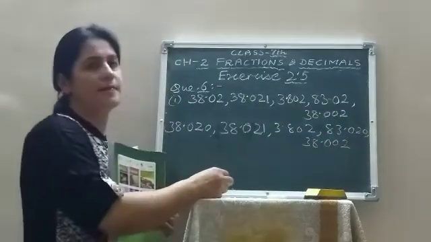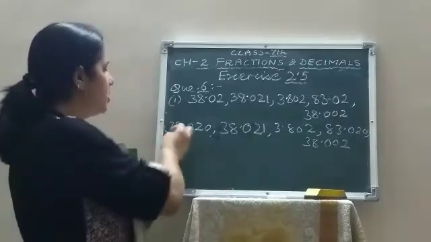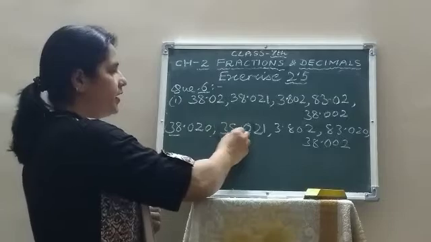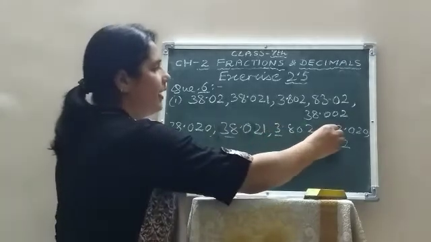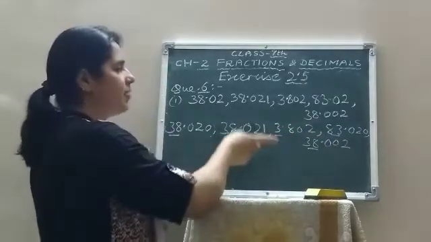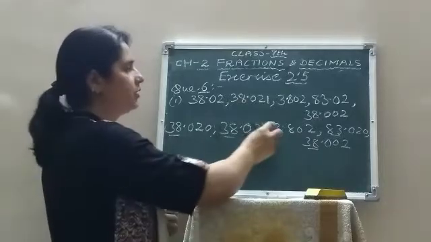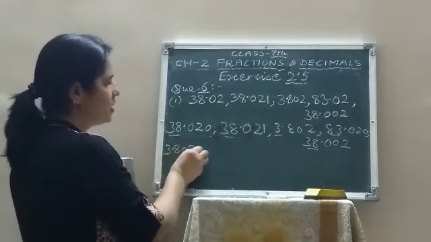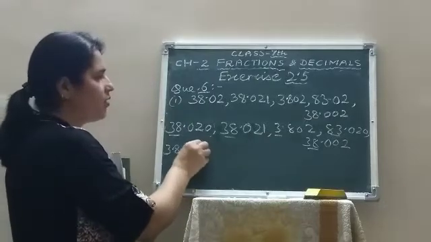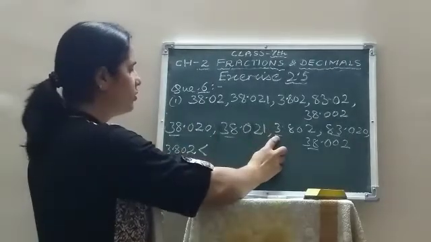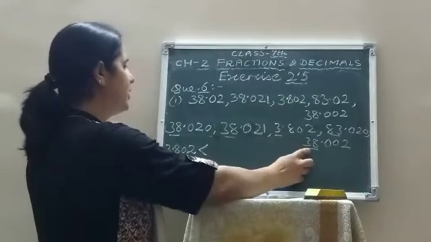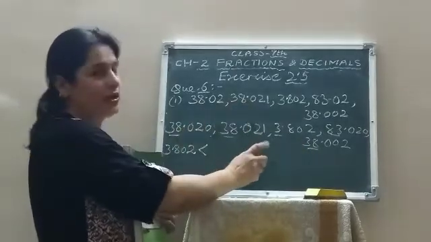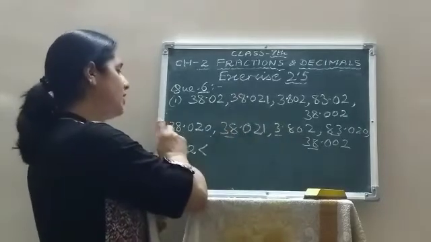Now you start comparing. First you will compare the whole number parts only. There is 38, 38, 3, 83, 38. Among these, which is the smallest number? 3. So obviously this decimal number is the smallest. Now after 3 what comes? 38. Here in 3 decimal numbers we have 38, 38, 38.